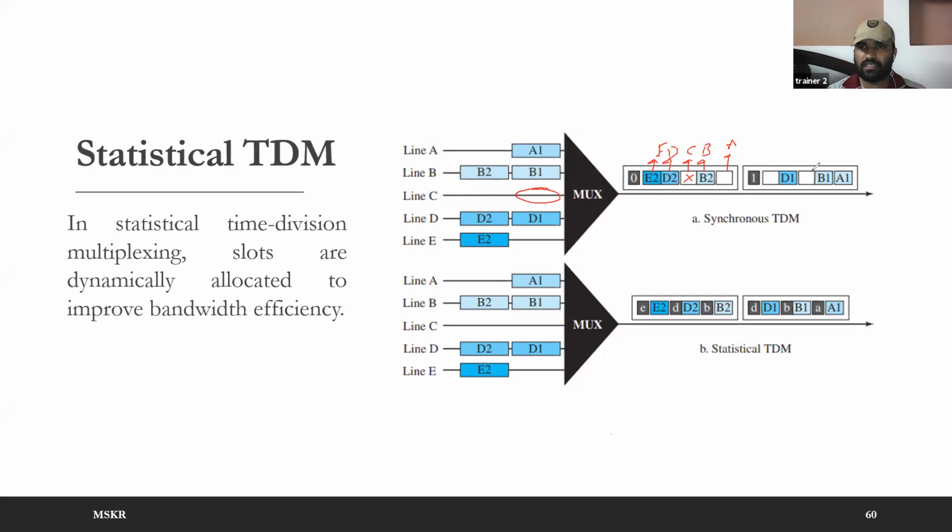Actually, here the first data will go in the first frame. The first frame always travels before the second frame, obviously. As you can see here, C has no data, so C and D slots are kept empty.